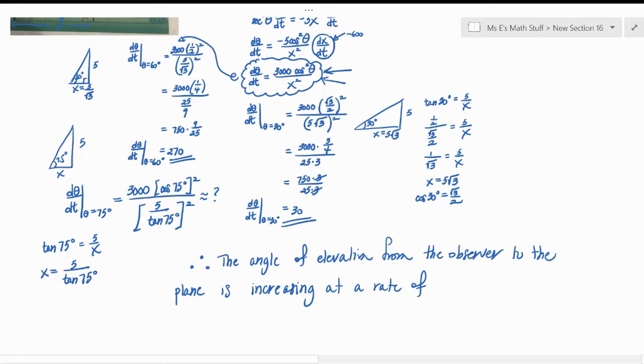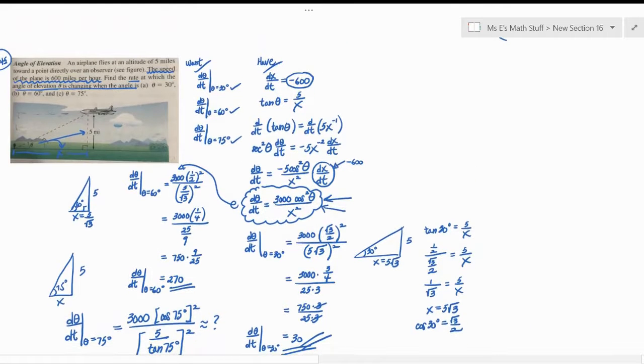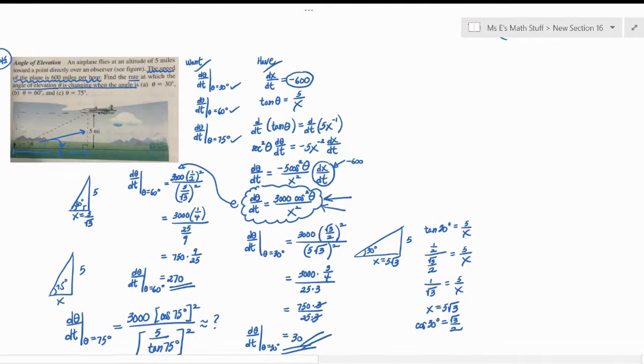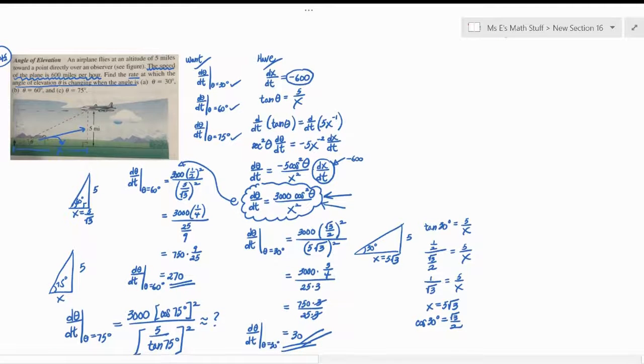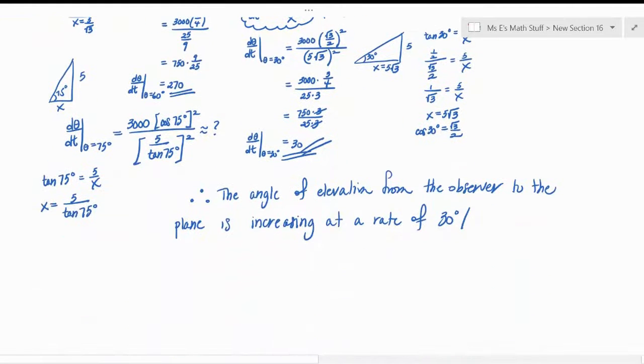But for this problem, it was stated otherwise. We were using degree measures this whole time. So they asked for 30 first, right? We're going to say 30 degrees per hour.